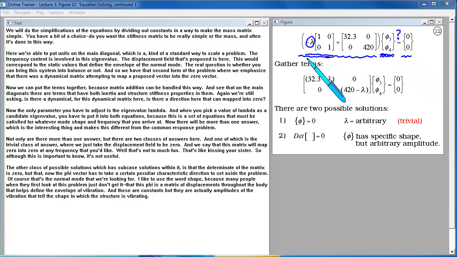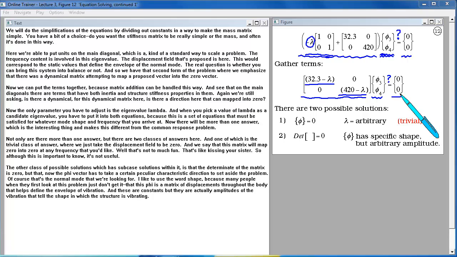Now, we can put the terms together because matrix addition can be handled this way, and see that on the main diagonals there are terms that have both inertia and structural stiffness properties in them. Again, for this dynamical matrix here, is there a direction that can be mapped into zero?